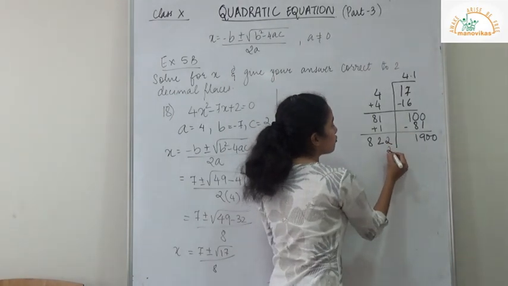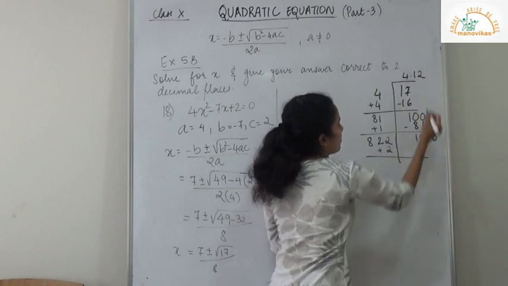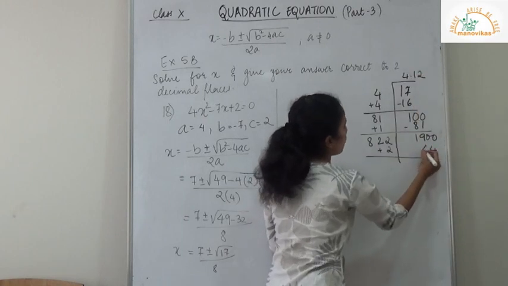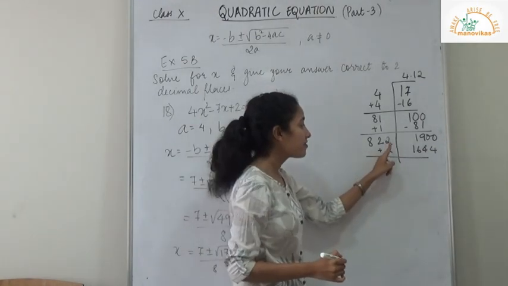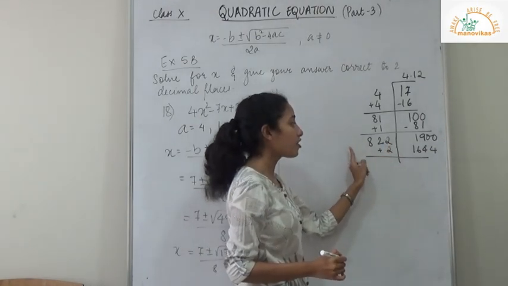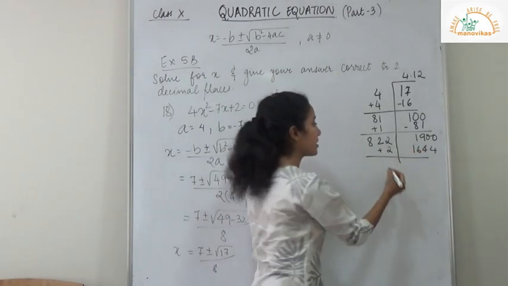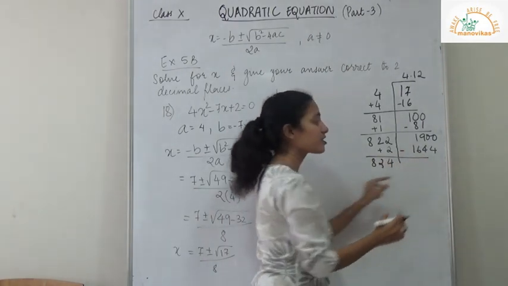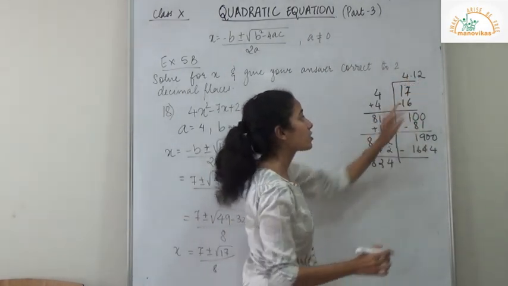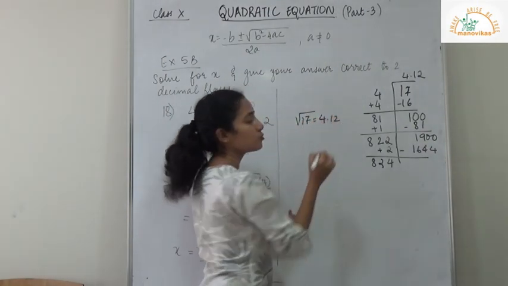So 2 into 2 is 4, 4 and 16. If you take 5, then the last number will be 40 and it will be greater. So you try a trick, something like that. So this will be 4, 2, 8, and whatever subtracted value you get is not really important. So you have root 17 to be 4.12.